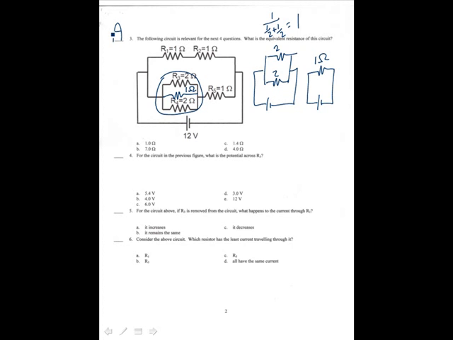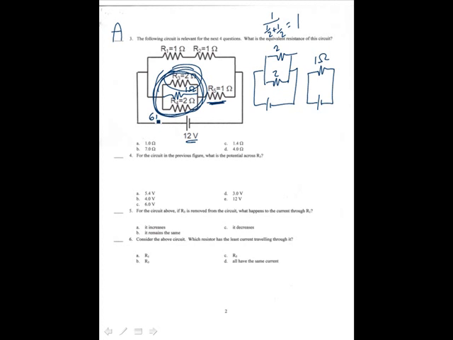For the circuit, what is the potential across R3? Alright, I want to know the potential across this resistor. I know that this 1 ohm resistor and these 2 resistors combined share 12 volts, and the equivalent of the 2 parallel 2 ohm resistors is the same, 1 ohm as R5.